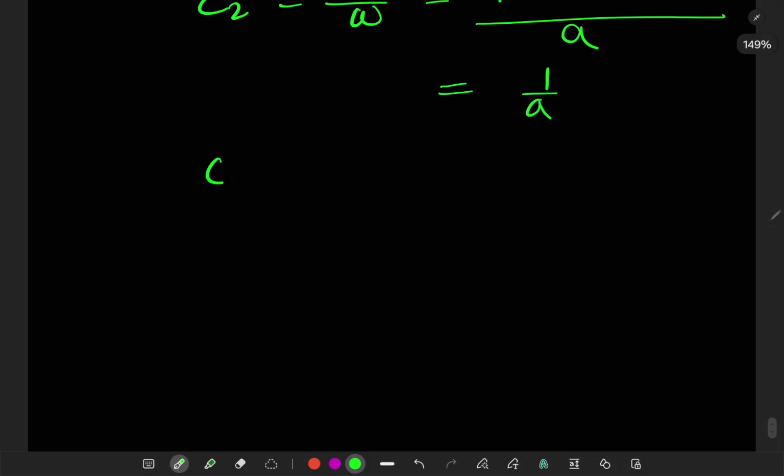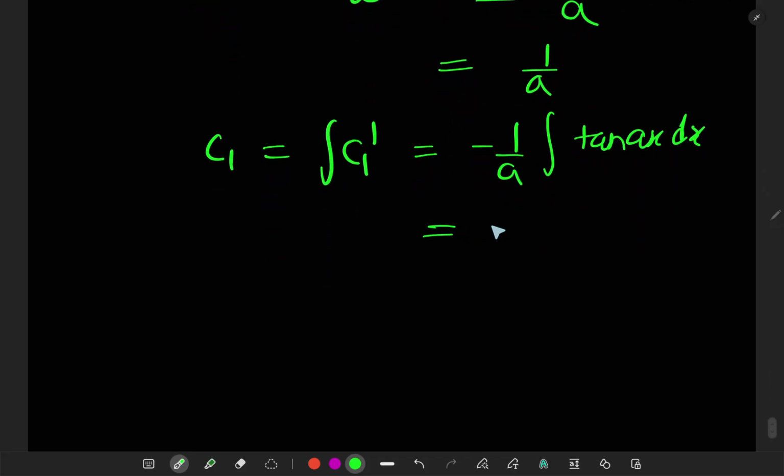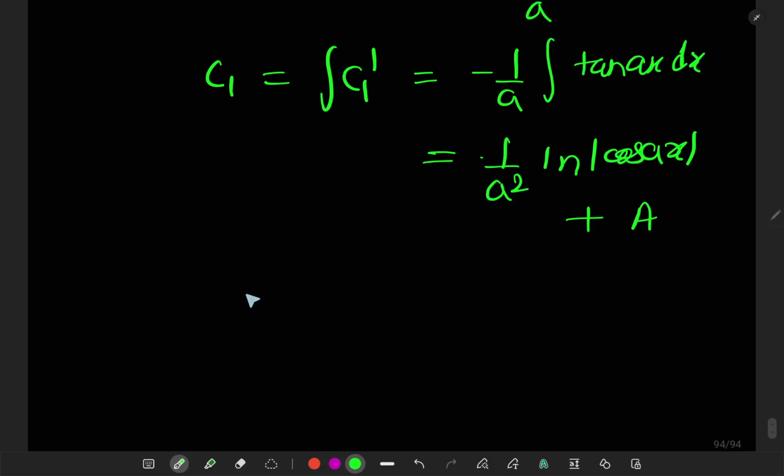Now integrating C1 dash, we get C1, integral of tan ax dx. On integration we get 1 by a square ln cos ax plus a, some constant a.